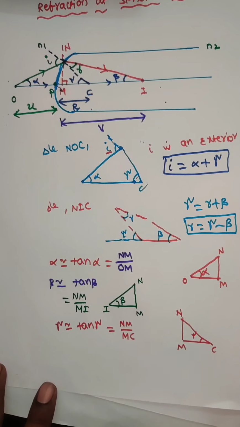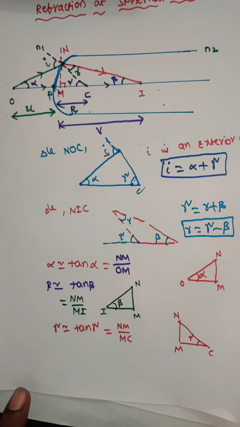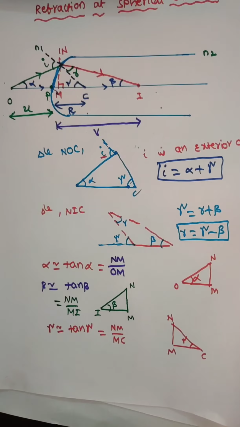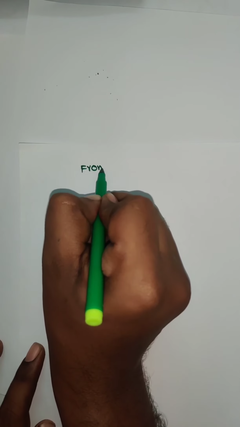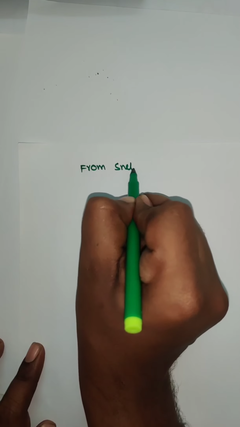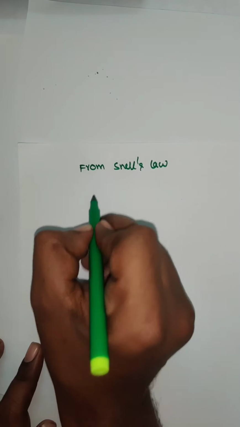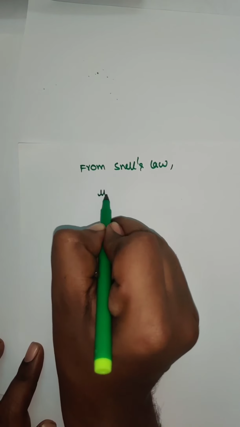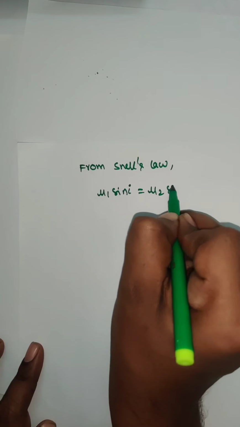Now I am going to apply Snell's law. From Snell's law, what can you write? From Snell's law you can write mu1 sin i is equal to mu2 into sin r.